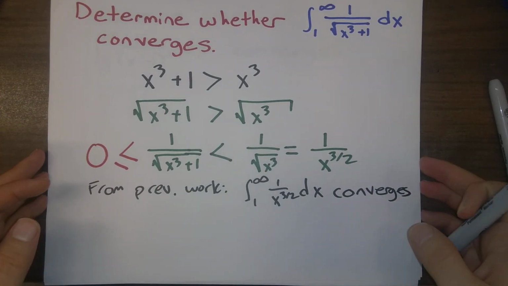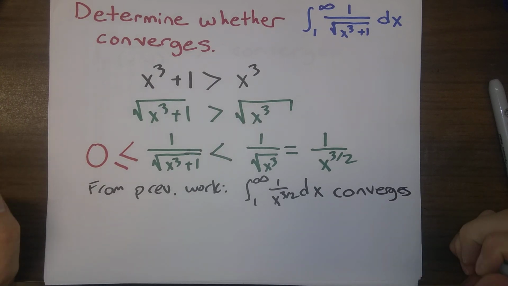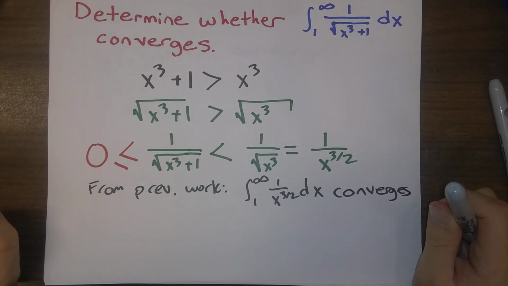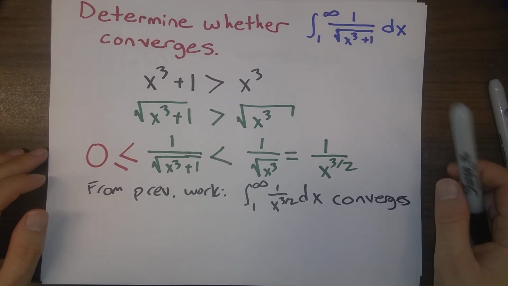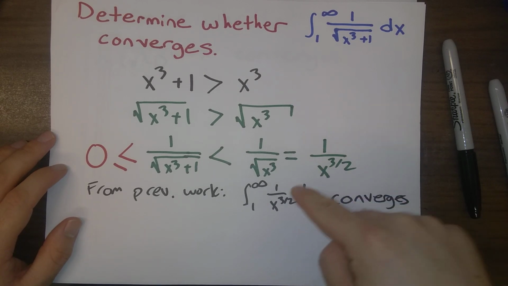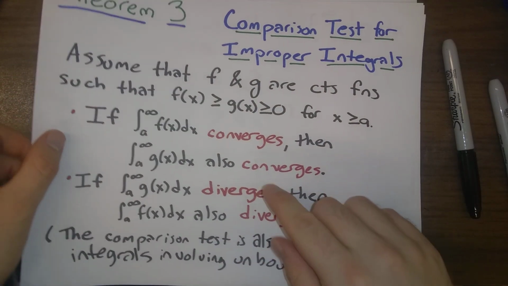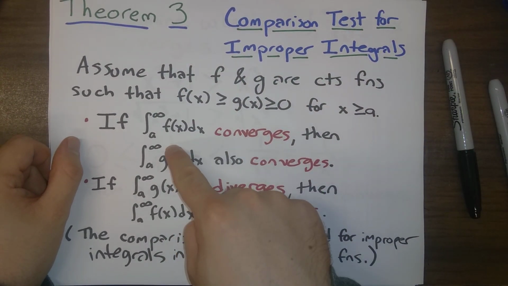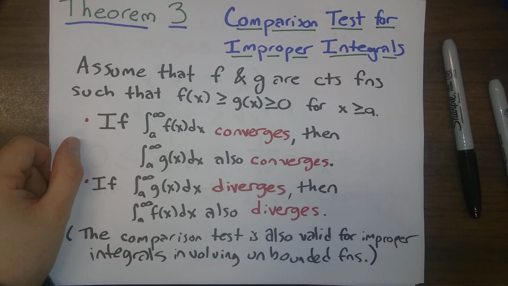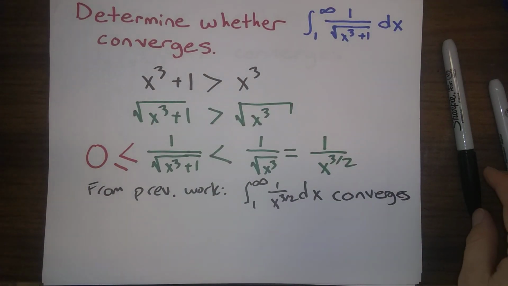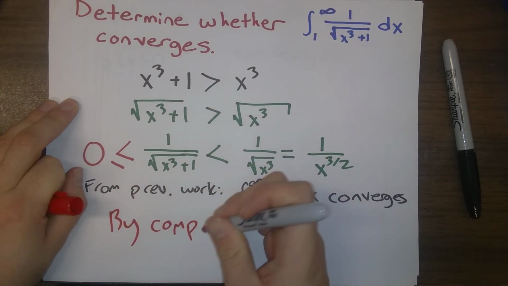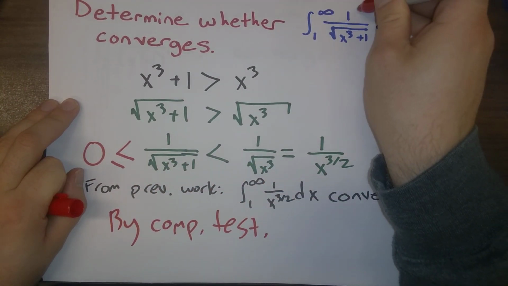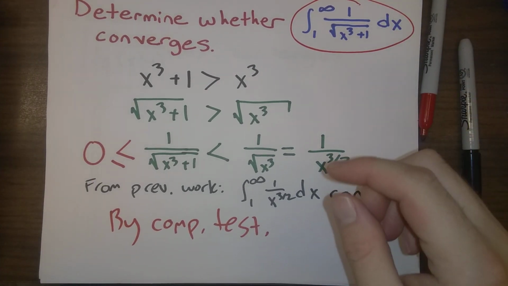We could go back to that sheet of paper to figure out exactly what value it has, but the exact value isn't important here. The important fact is simply that it converges. So the integral of our bigger function converges, and so by the comparison test, this actually does converge.